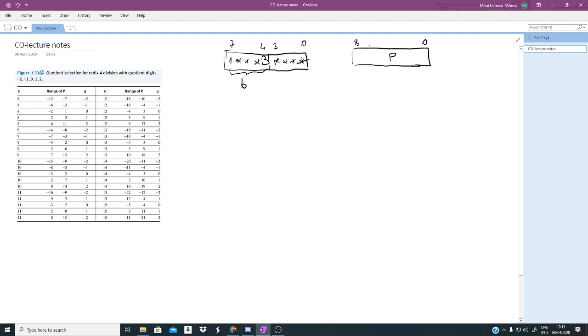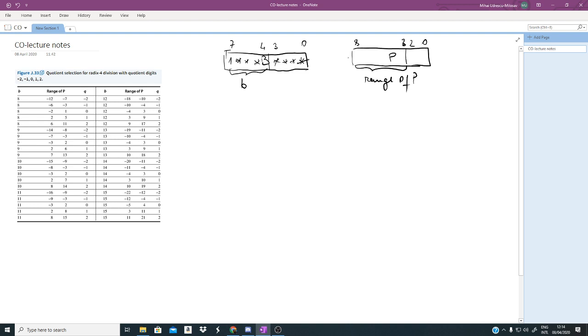So we are talking about, all right, from 3 to 8, and these bits are making the range of P in this table, right? In this table.